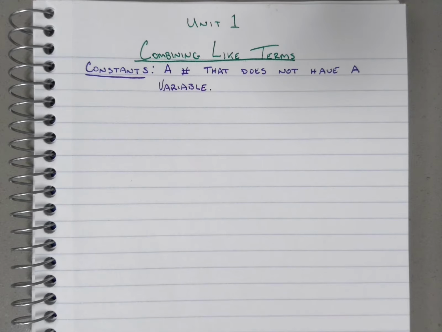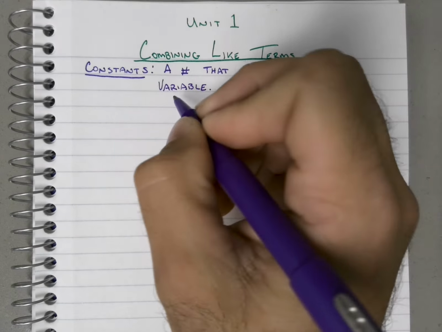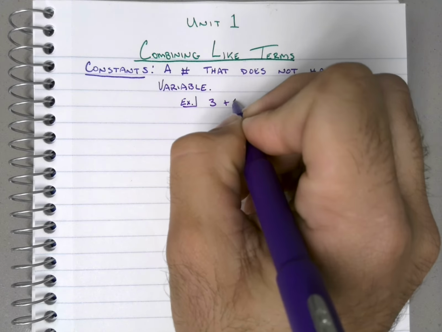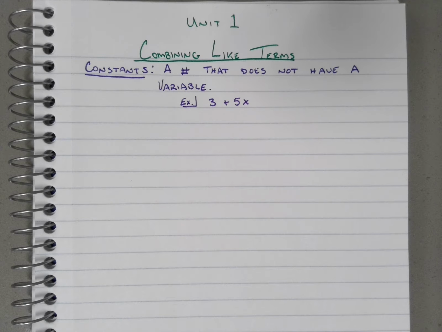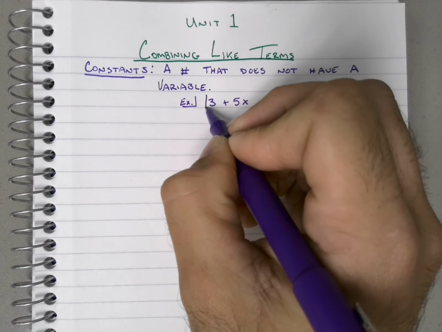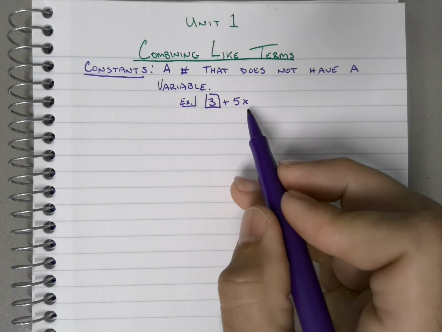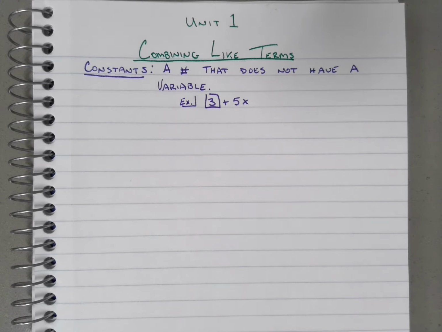It just sits by itself. So like if I had, for example, 3 plus 5x, okay? My constant is 3. That's my constant. 5 has a variable attached to it, so it's not a constant. So 3 is my constant, okay? So just to kind of get that out of the way, all right? So we know what constants are.